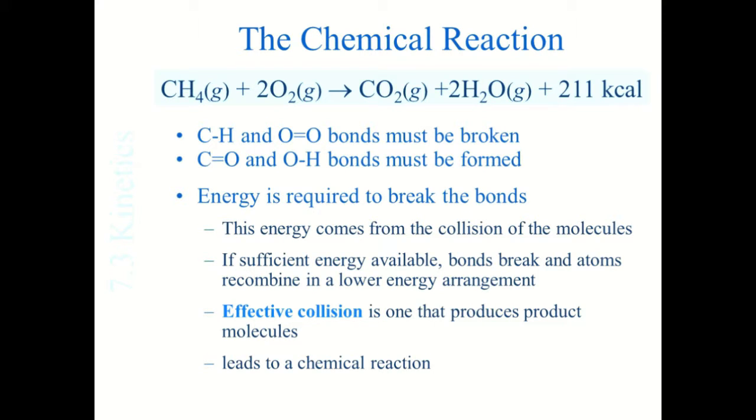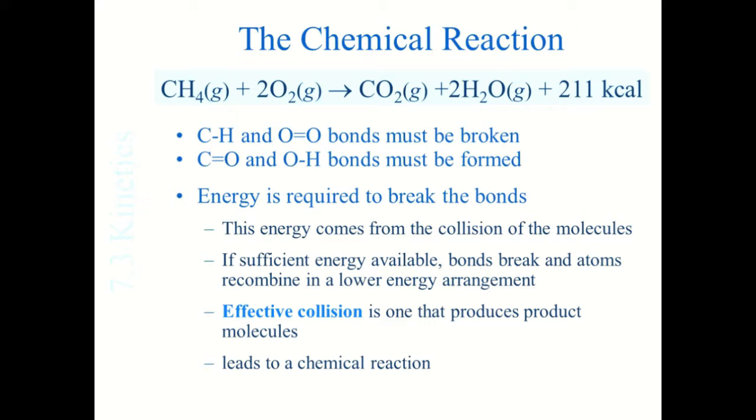Okay, so for this chemical reaction to take place, oh, by the way, what type of reaction is this? Endothermic or exothermic? Exothermic. It's not telling me the delta H here. It's telling me that I release 211 kilocalories of energy as a product.